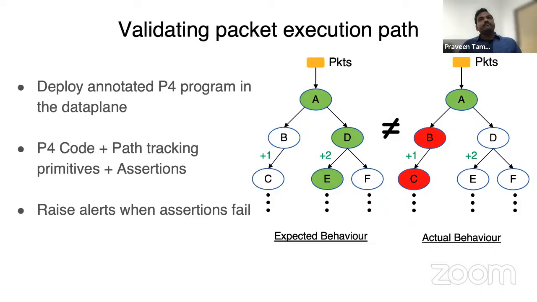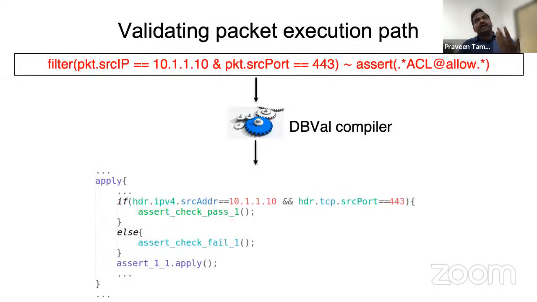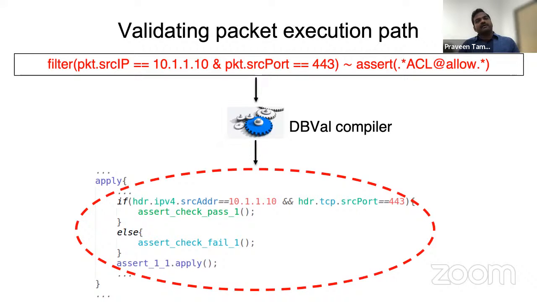And we realize this by translating the assertions that are written by the P4 programmer, and the DBVal compiler translates each assertion into a P4 implementation. We carefully design it so that the filters are mapped to P4 constructs using if-else statements, as you see in this box.